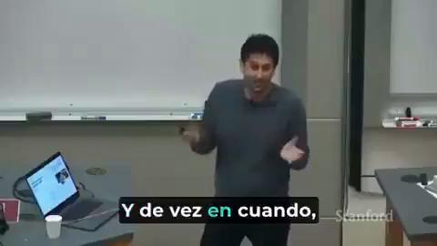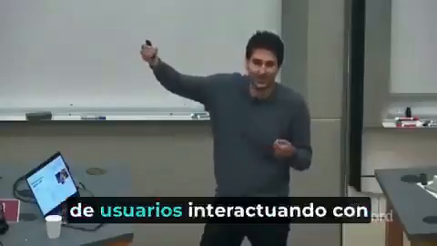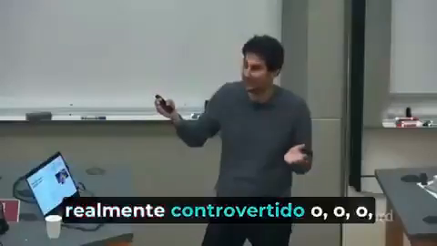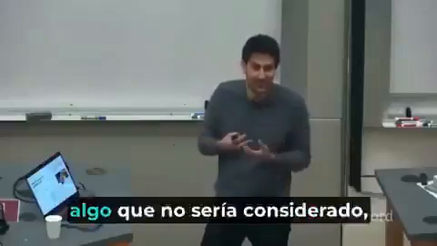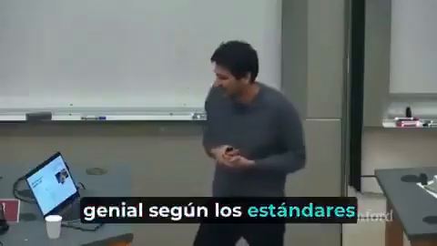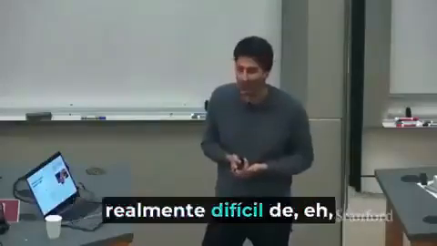And from time to time, if you hang out on X, you might see screenshots of users interacting with LLMs and the LLM saying something really controversial or racist, or something that would not be considered great by social standards, I guess. And that tells you that the model is really hard to control.